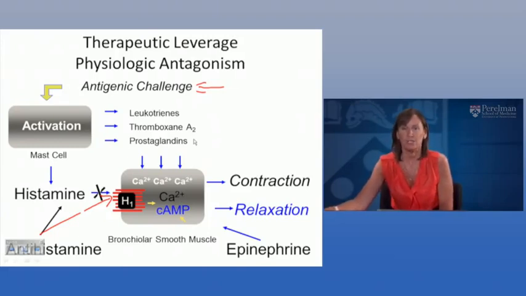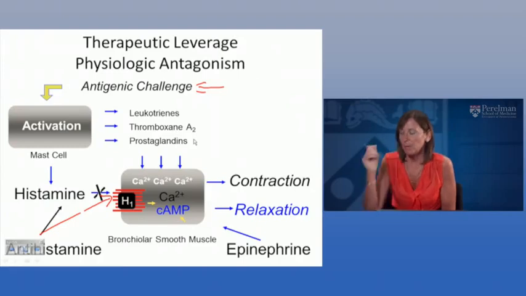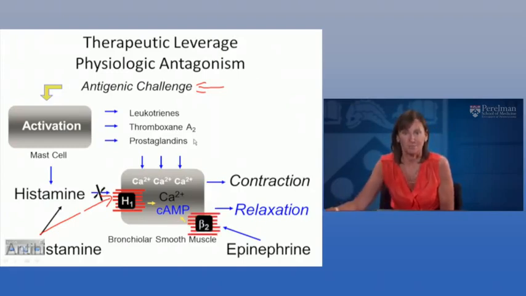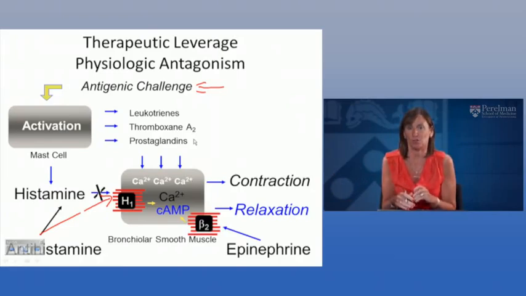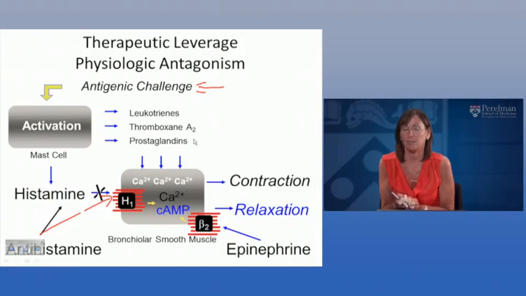I've shown you in previous slides where epinephrine binding to a separate receptor, the B2 adrenergic receptor on bronchiolar smooth muscle, increases cyclic AMP and causes relaxation. Well, this is a perfect and a beautiful example of therapeutic leverage.